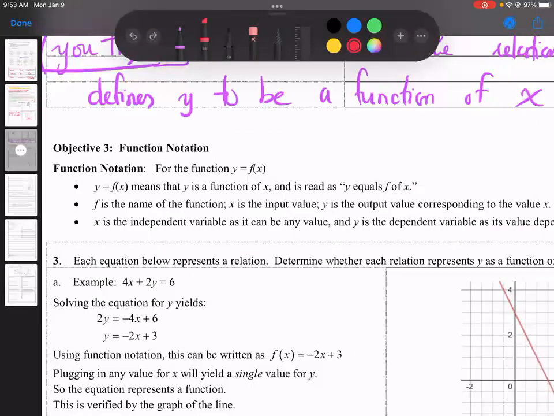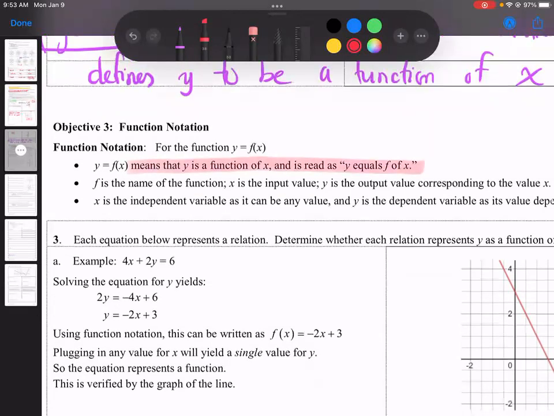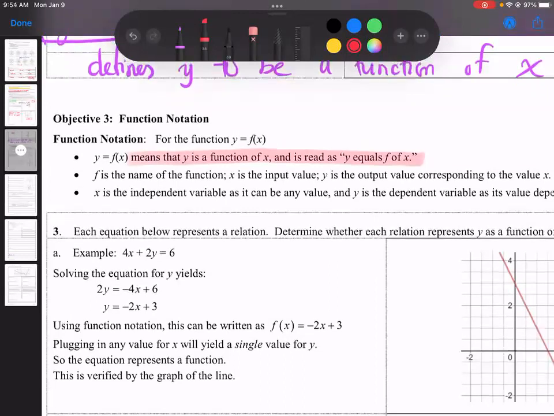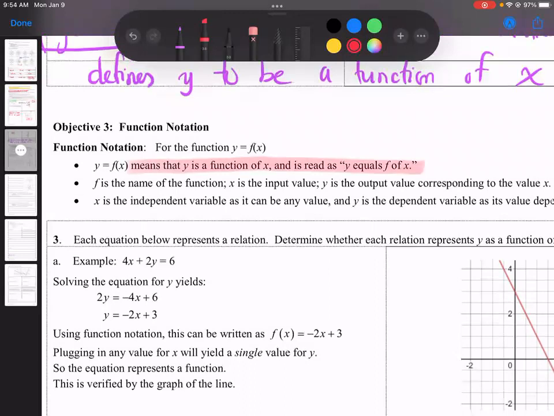When we say y is a function of x, it means y depends on x. Whatever x is, you plug it in, that will define y. Right? So here, x is the input value and it's independent. You can choose anything for x. However, y depends on it.